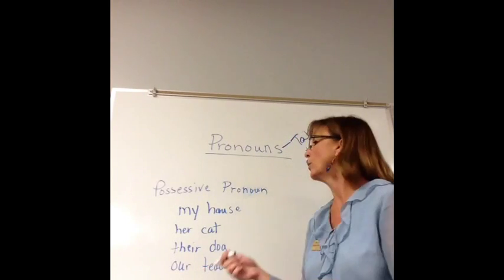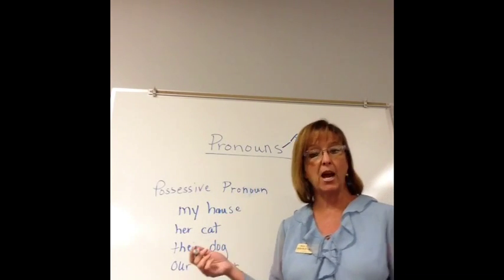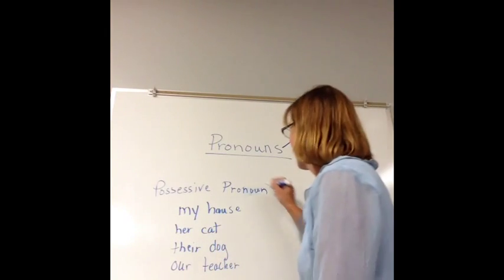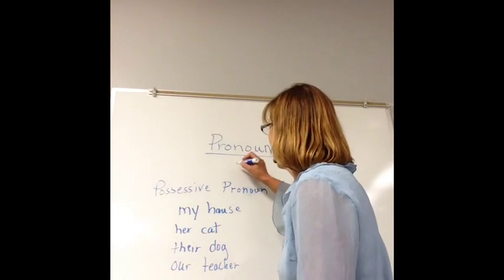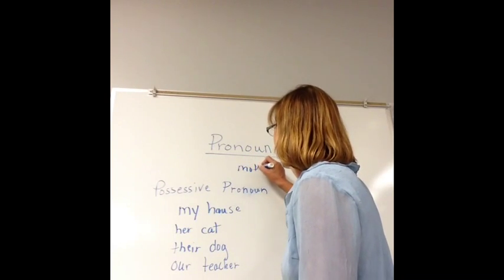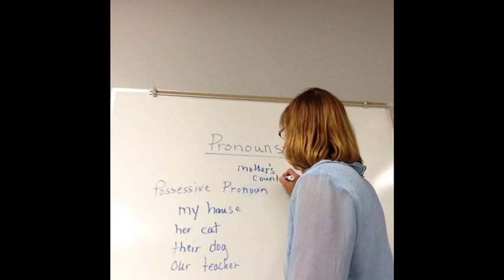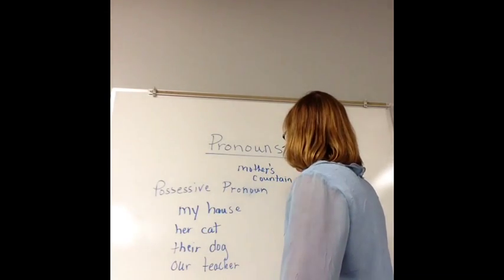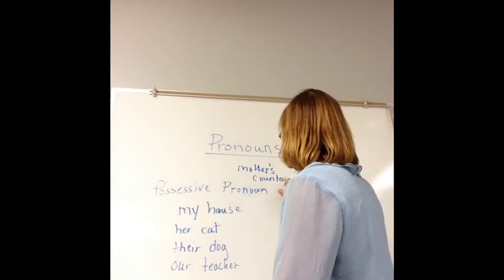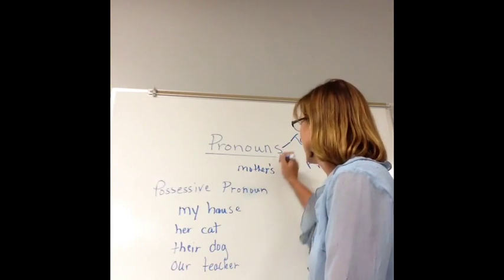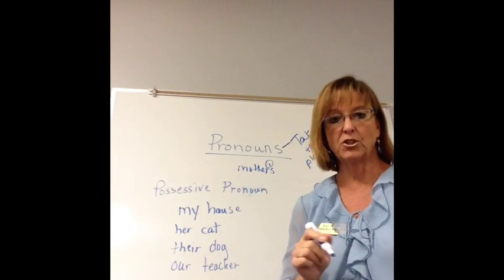If you'll remember, when we have just a possessive noun, we have to use an apostrophe to show that possession. For example, if we had mother's countenance. Countenance. Mother's countenance, which means mother's facial expression. We use the apostrophe to show the possession.